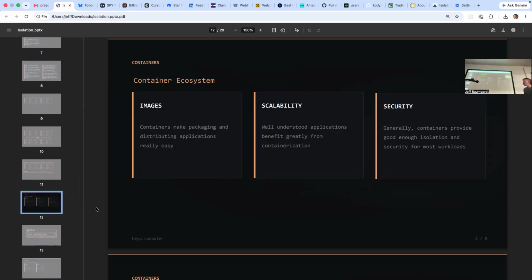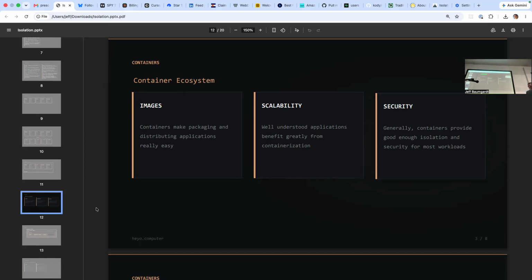All right, so that container ecosystem has given us a lot of big benefits. Images and distribution being probably the biggest benefit to this ecosystem. Scalability is also up there. So for a well-understood application, it's quite easy to take a control plane like Kubernetes, apply it here, and get a lot of benefits out of both the isolation system here to get good density out of the underlying hardware.